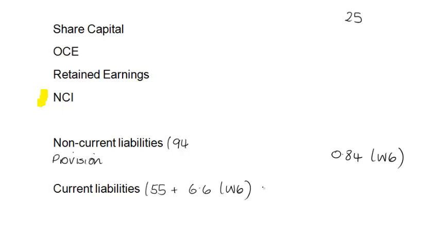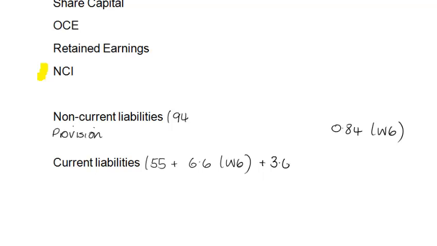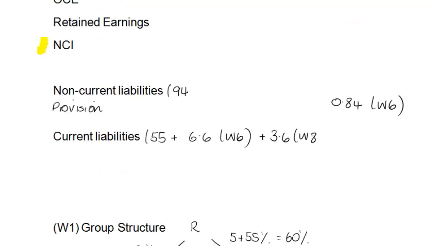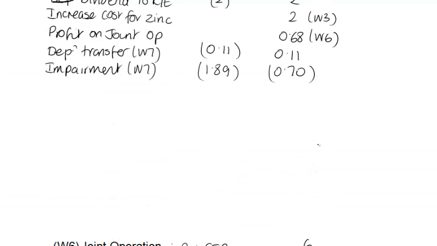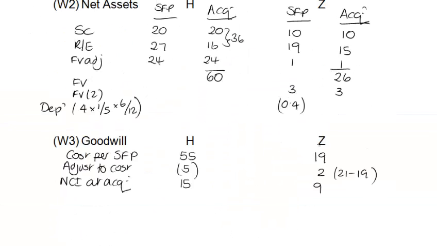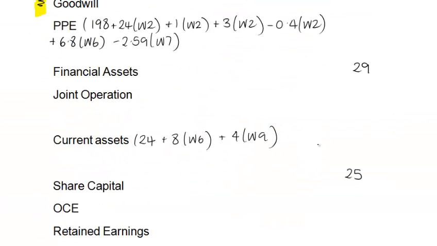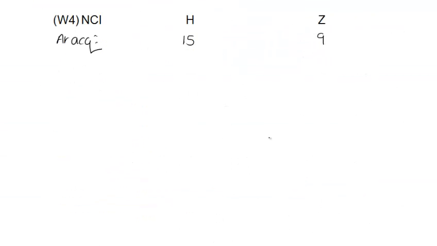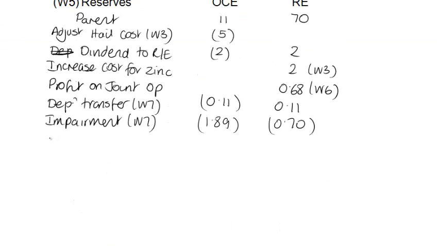I go to current liabilities, and I'm going to add, it's a short-term loan, so that's come from, again, from working number, is that working number 8? I've lost track of my workings now. Yeah, that's working number 8. And if we go to reserves, factor 0.4 from working number 8.